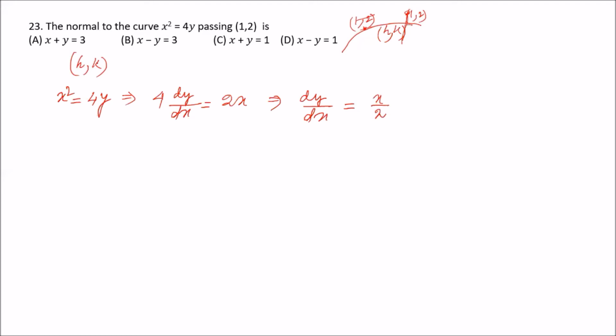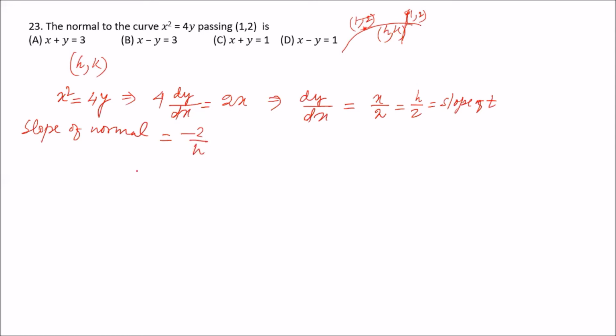Now at this particular point h, k, the value of the slope of the tangent will be h by 2. So this is the slope of the tangent. Now what will be the slope of the normal then? Slope of normal will be the negative reciprocal. I'll write minus 2 by h.